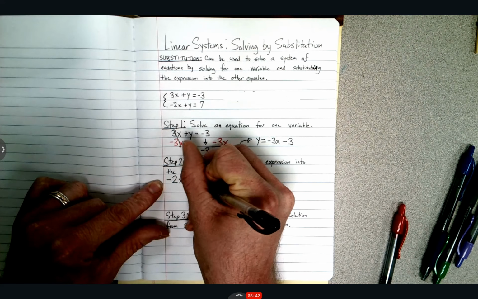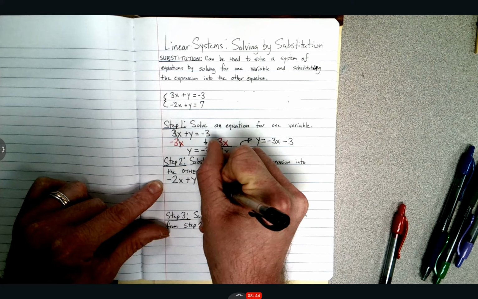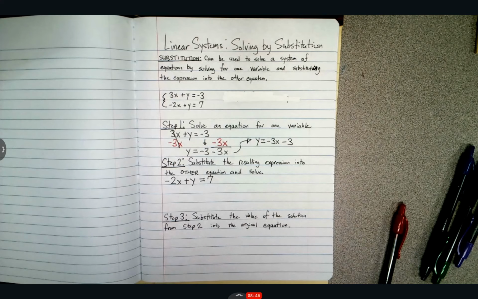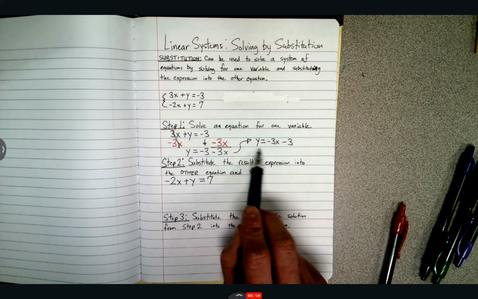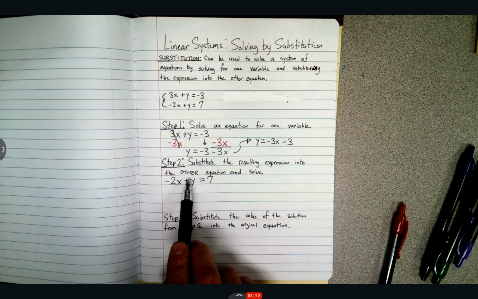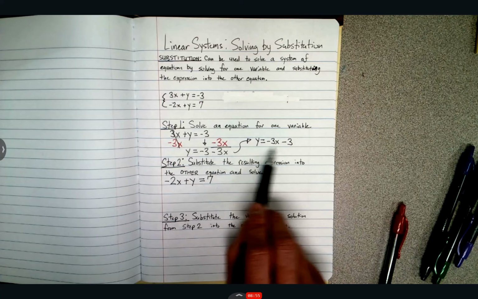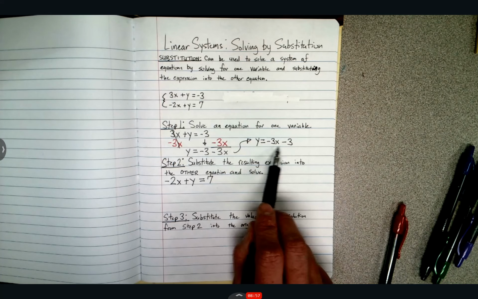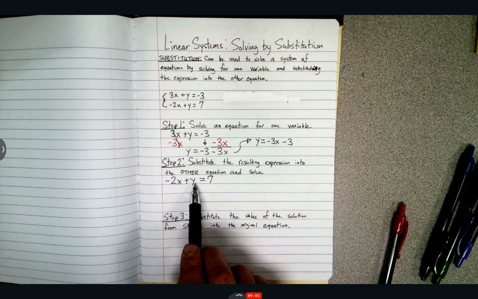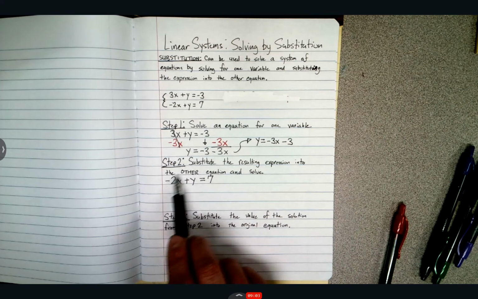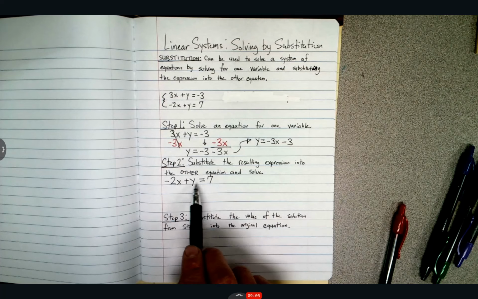I'm going to write my original equation. Negative 2x plus y equals 7. You have to use this other equation. So if you did the first equation and you solved it for y, you need to substitute this new expression into the other equation. So my other equation is negative 2x plus y equals 7.